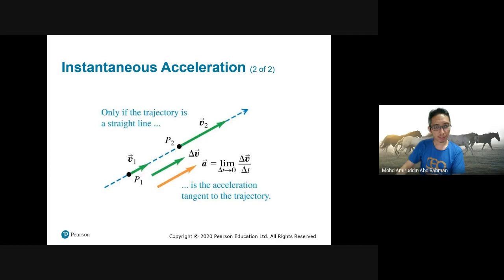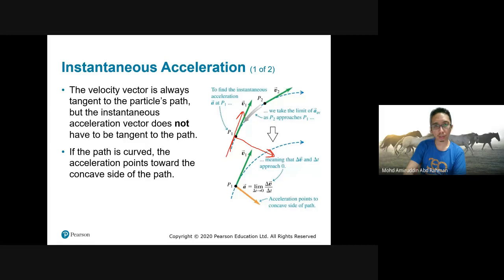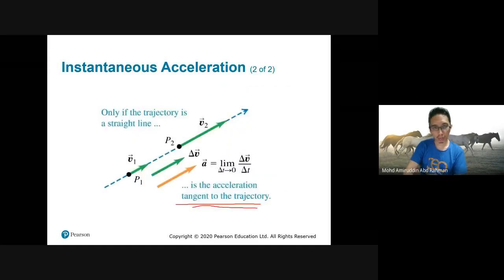But if the trajectory is a straight line, the acceleration is tangent to the trajectory. It is a little bit difficult to determine, but you need to remember two concepts: a curved path and a straight line.